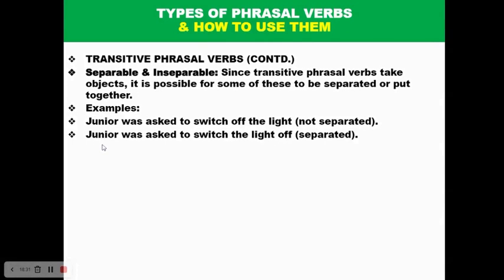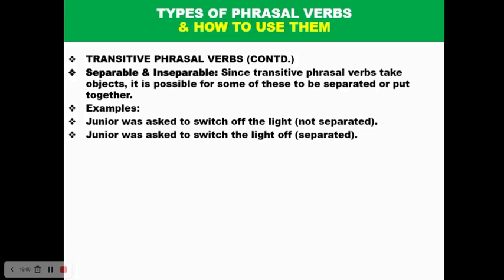We can still separate them. Junior was asked to switch the light off. So if you look at this, switch and off are the two parts of this phrasal verb. And so we have put this object in the middle. So this is separated.